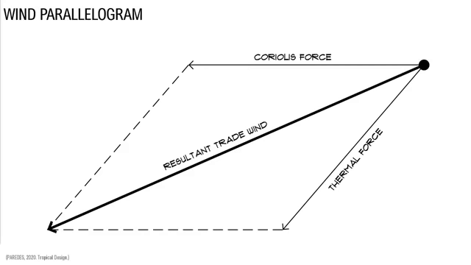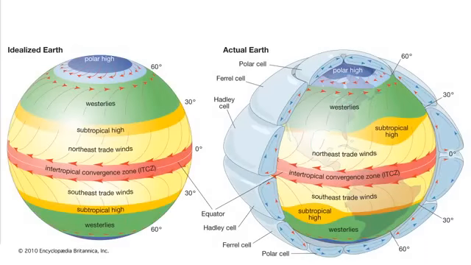So this is actually also why the direction of the trade winds are all easterlies. Okay, so here is another diagram to show you the direction of the global wind patterns that we have on our planet.